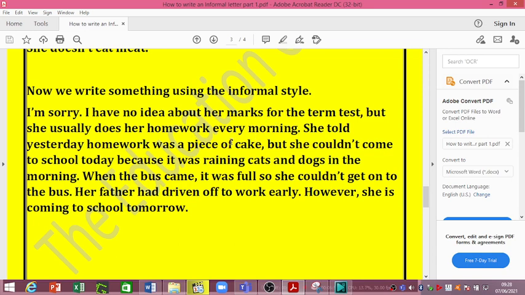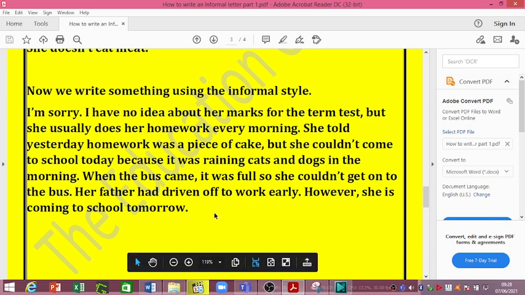She told me yesterday homework was a piece of cake, but she couldn't come to school today because it was raining cats and dogs in the morning. When the bus came, it was full, so she couldn't get on to the bus. Her father had driven off to work early. However, she is coming to school tomorrow.